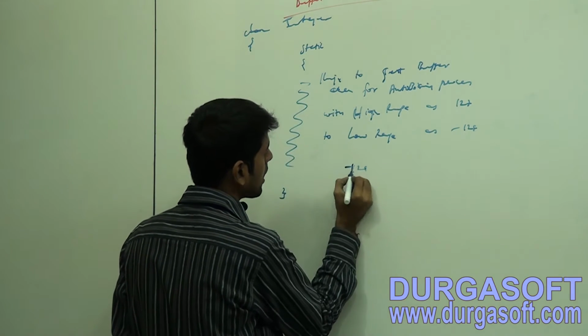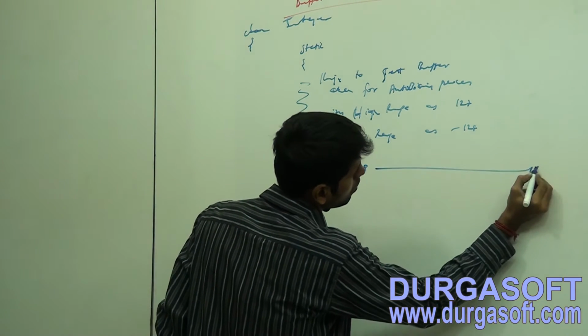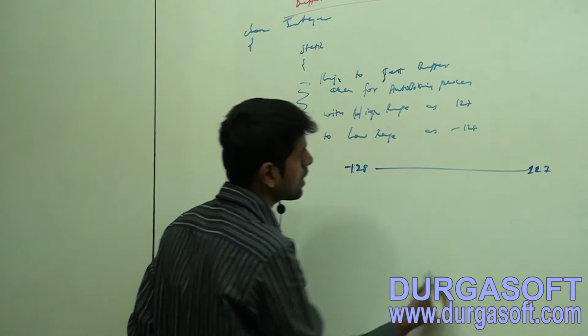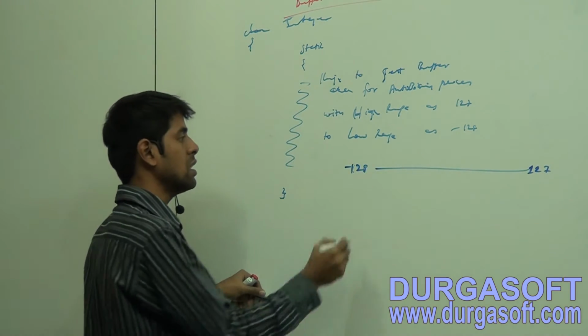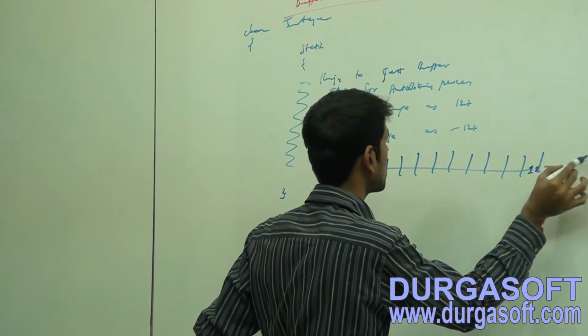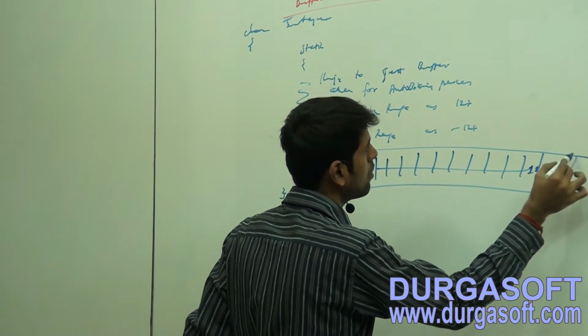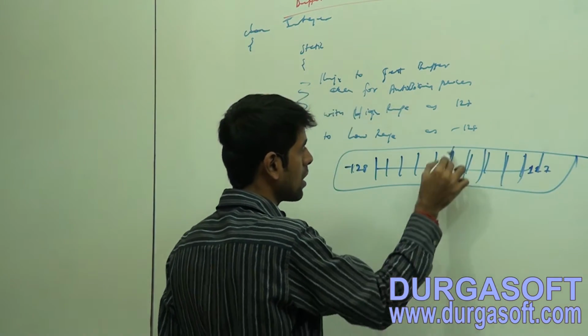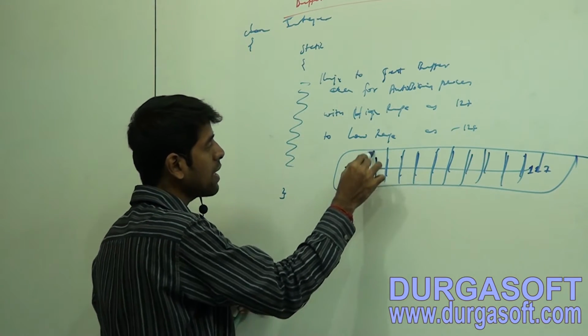From -128 to 127, we have some set of blocks. Strictly this is an array.